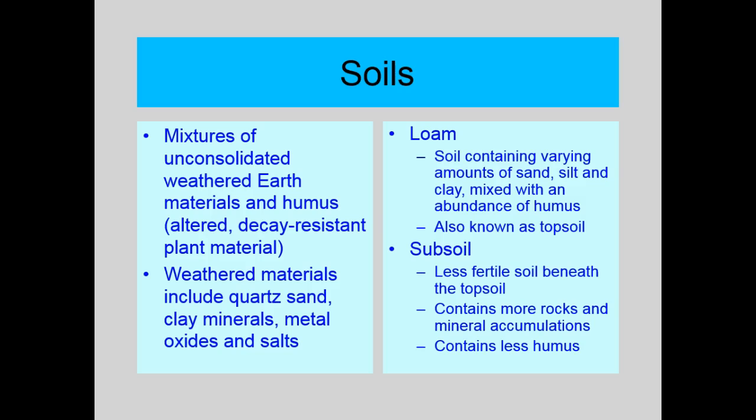Say again? Okay, you're absolutely right. Dead plant material. You're absolutely right. Altered in that you don't see it as plant material anymore. I mean, you don't see the little leaves or that kind of stuff anymore. It's actually been broken down until you don't recognize it's plant material, but you know that it one time was.